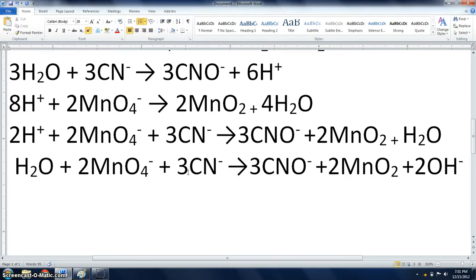And if you just follow these steps of balancing redox reactions, it's going to be very simple. And remember the last step of adding the OH minus ions to make water molecules. That is only for reactions that take place in a basic solution.